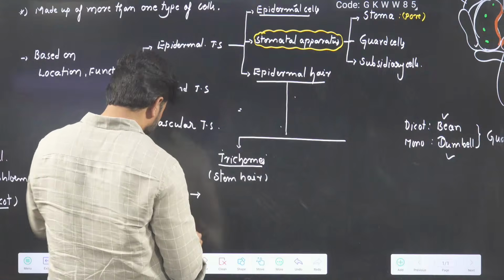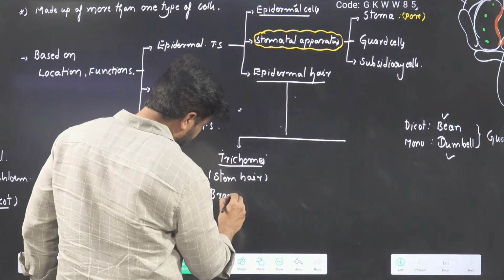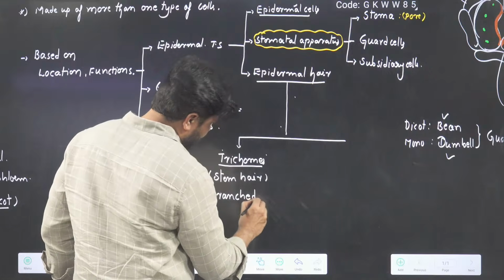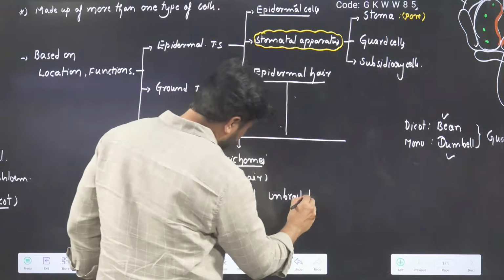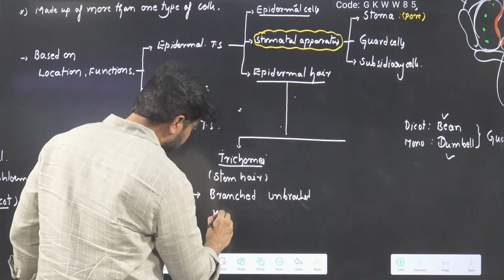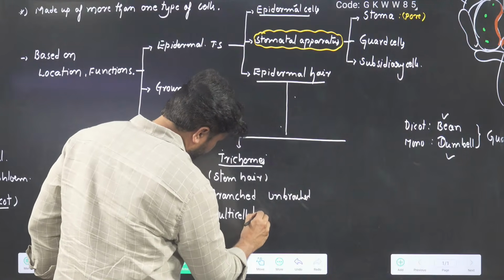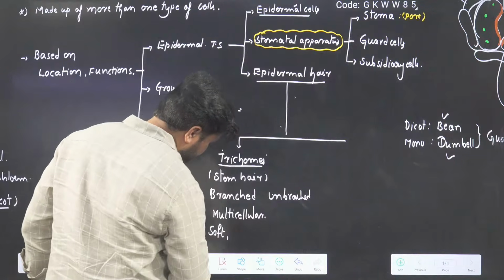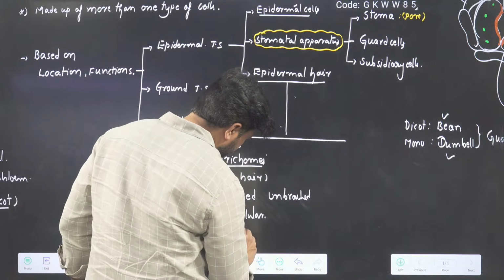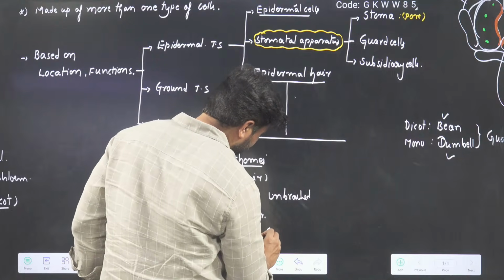Their characters: they are sometimes branched, sometimes unbranched. They are also multicellular, sometimes soft, sometimes stiff, and even secretory sometimes.